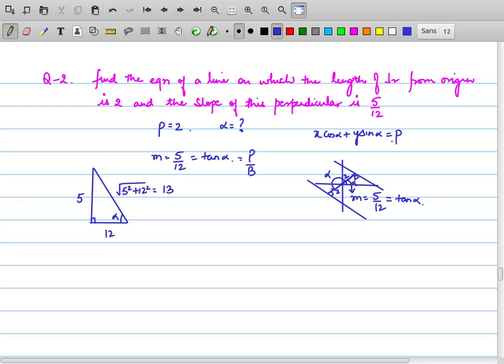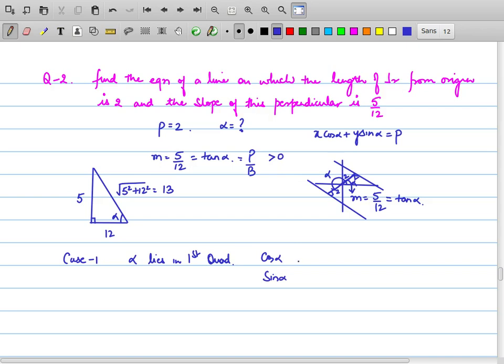Now for our equation, what do we want? We want cos alpha and sin alpha. And we have already realized that there are two possibilities in which tan alpha can be positive. So the first case is when alpha lies in the first quadrant. If alpha lies in first quadrant, tan alpha would be positive, and sin alpha, cos alpha will also be positive.